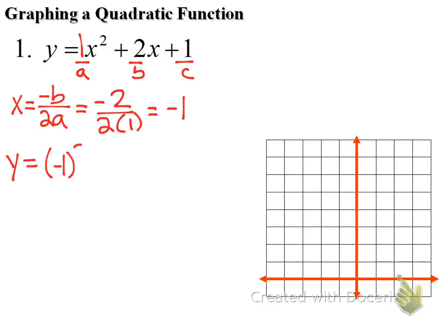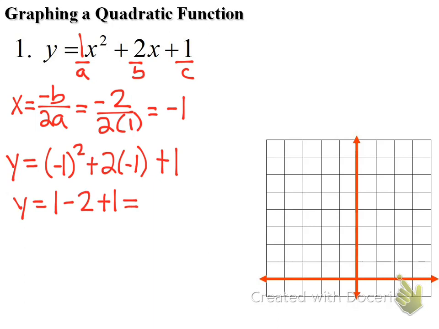So we have negative 1 squared plus 2 times negative 1 plus 1. Negative 1 squared, of course, gives us 1. 2 times negative 1 is negative 2 plus 1. So what's the y value of my vertex? 0. Good. So my vertex, I'm going to label it with a V, is at the point negative 1, 0.